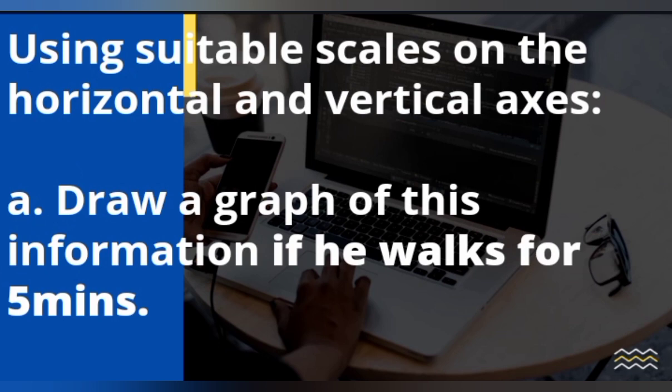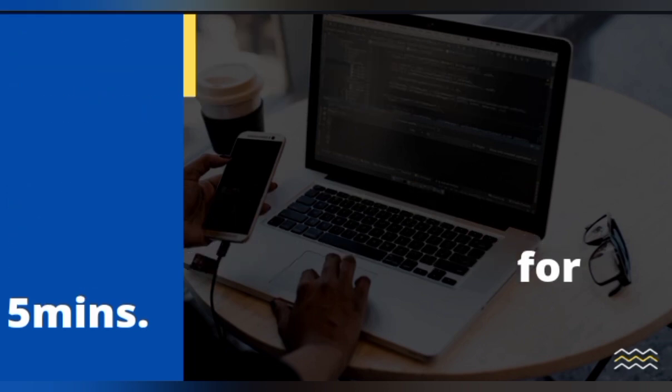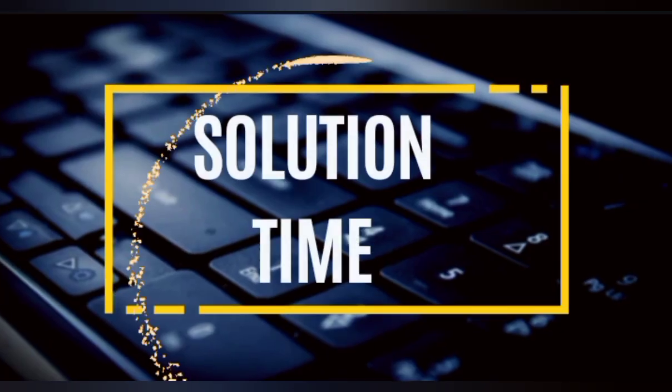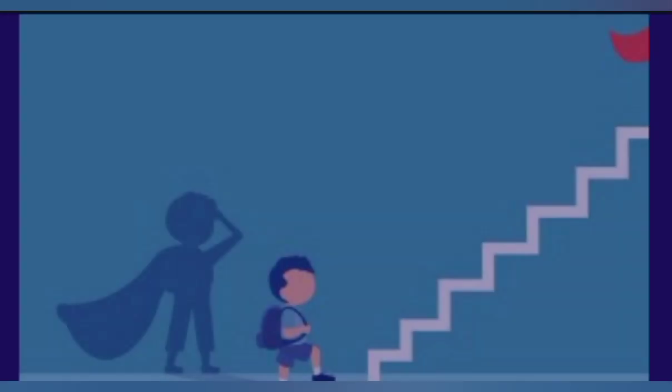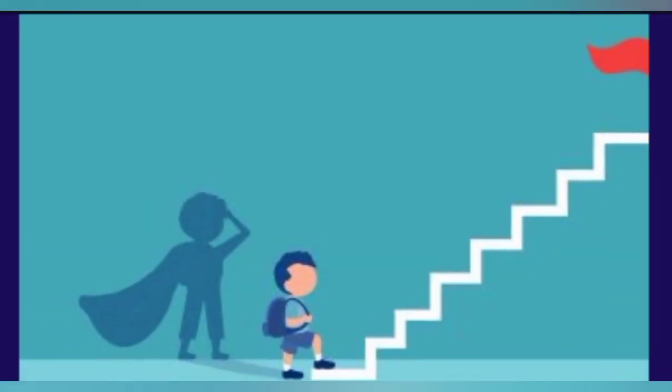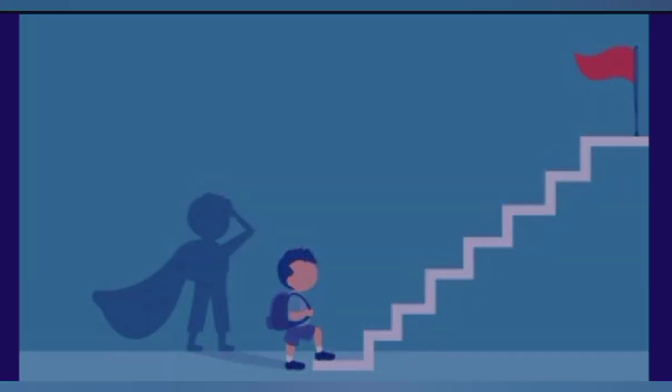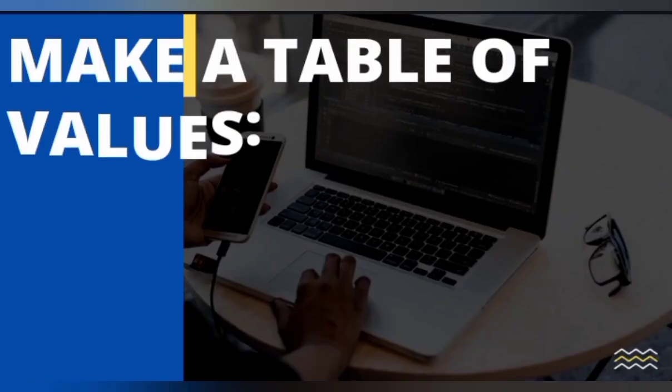Now for this, our first step would be for us to look at a possible table of values. And what do we mean by a table of values? We mean a table that contains information of what we will be plotting on the graph.